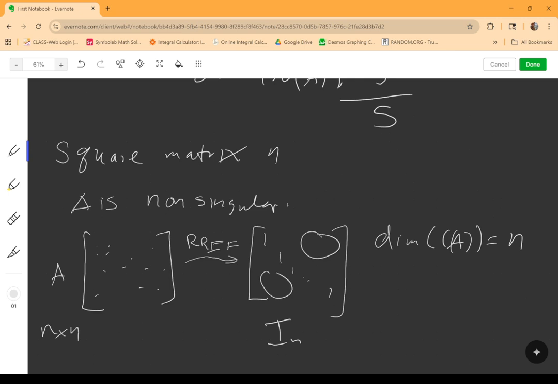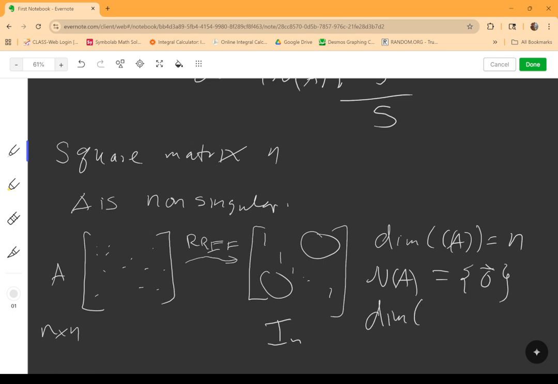All right, and furthermore, it's not going to violate the previous theorem, that rank plus nullity is the number of columns. Because what I know of the null space of a non-singular matrix is that it is simply the zero vector. Now the dimension of a vector space or a set like this is 0.